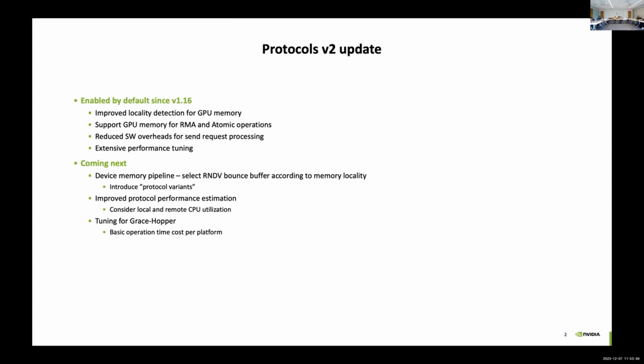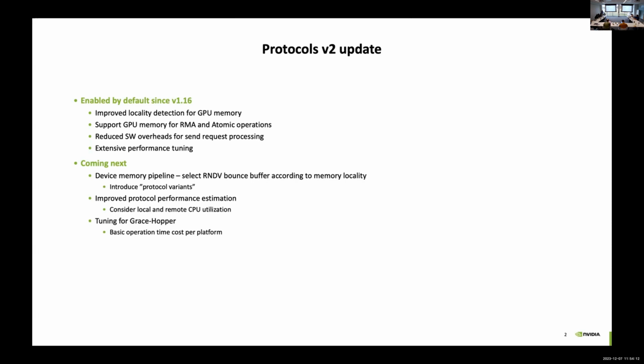It could even mix and match. So for a certain range, it would be device memory, and for another range, it would be host memory. And of course, it would be able to select the device on which the buffers would be, so it would be on the GPU that is closest to the memory that is provided by the user.